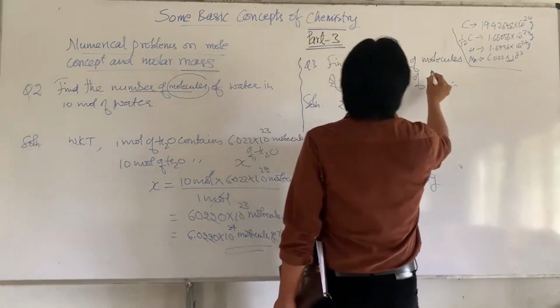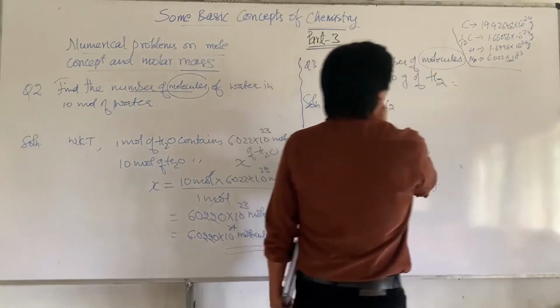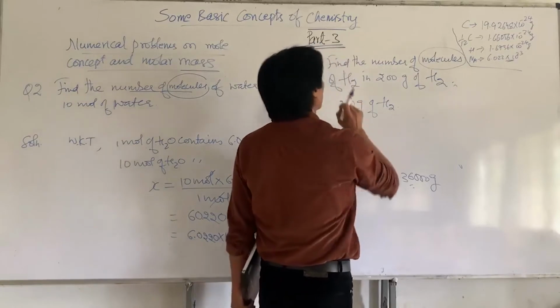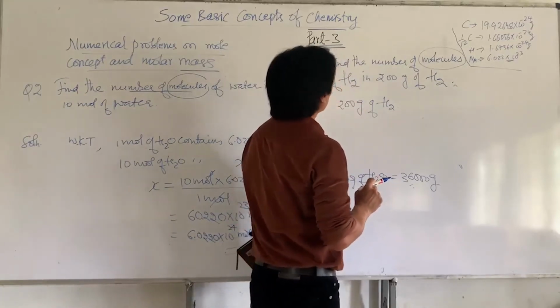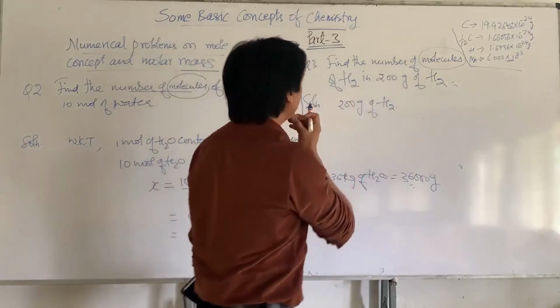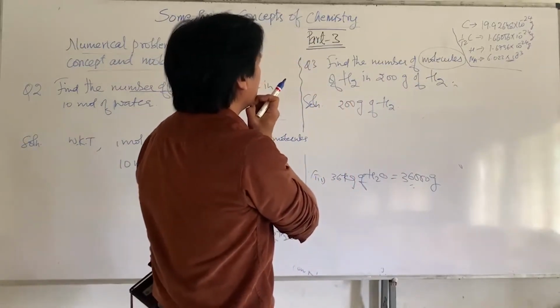You are asked to find the number of molecules again. You got to think of this Avogadro number, right? And before that, we should know the molar mass of dihydrogen. In fact, the molar mass of dihydrogen is 2 grams, right? Okay, that's it.